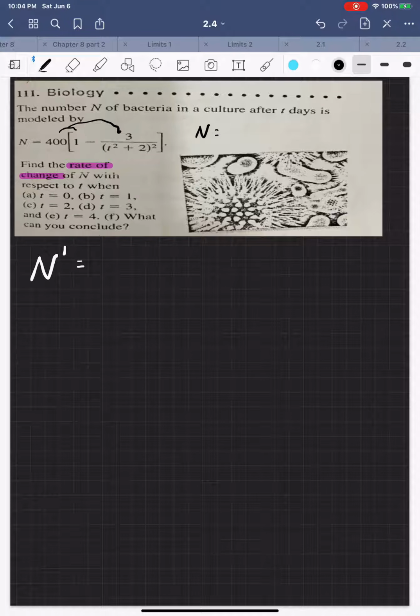So now I would have n is equal to 400 minus, well, if you do 400 times 3, I would have 1200 divided by t squared plus 2 squared. Okay, so that makes things a little bit easier. I'm going to go a little bit farther.